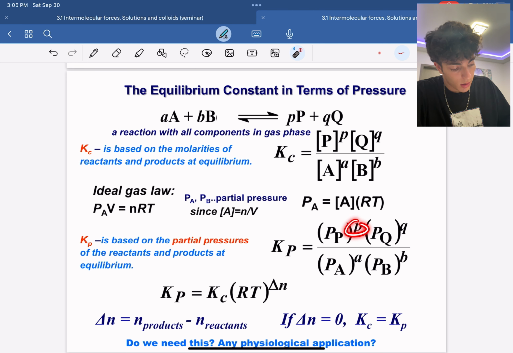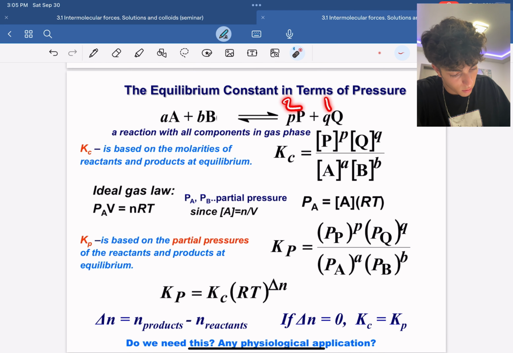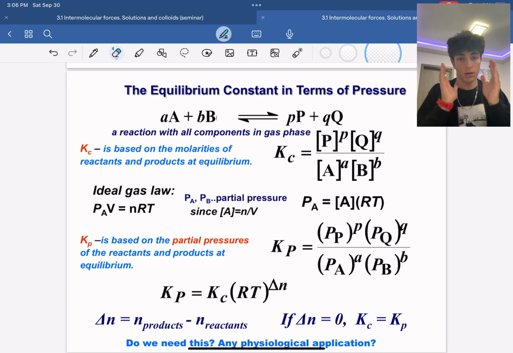So these all represent moles, right? Here, the coefficients. What you do here is the moles of the products minus the moles of the reactants. So if this was 2, 1, 2, 3, this would be 5, this would be 3, 3 minus 5 would be negative 2. The difference would be 2, okay? So you don't say negative. A difference can never be negative, okay?